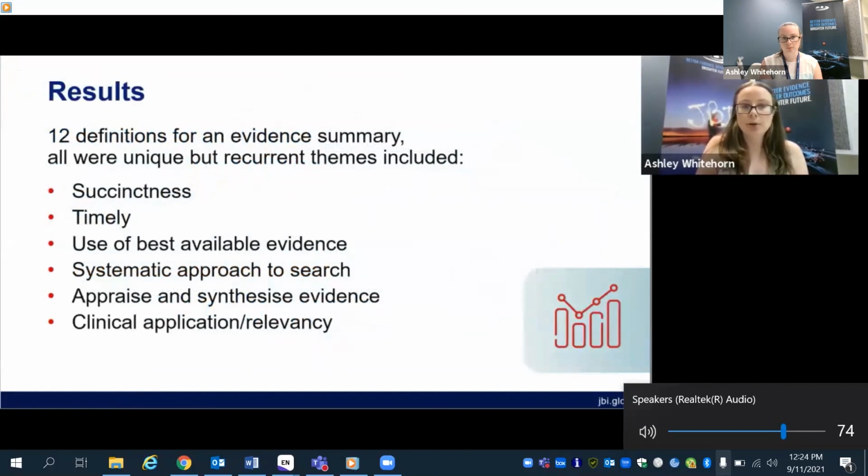And although each evidence summary had a unique definition, there were some common themes that were identified in content analysis. This included succinctness, timely use of best available evidence, systematic approach to the search, appraisal, synthesizing evidence, and clinical application or relevancy.